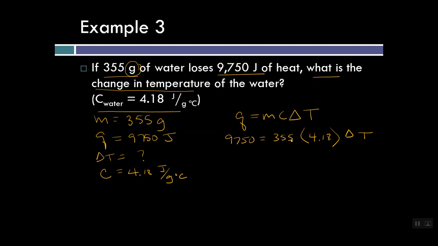All right, now these are all multiplied together, so I'm going to divide to get rid of the 355 and the 4.18. Okay, so I'm dividing by this number, whatever is 355 times 4.18. All right, I'm just going to do that on my calculator.